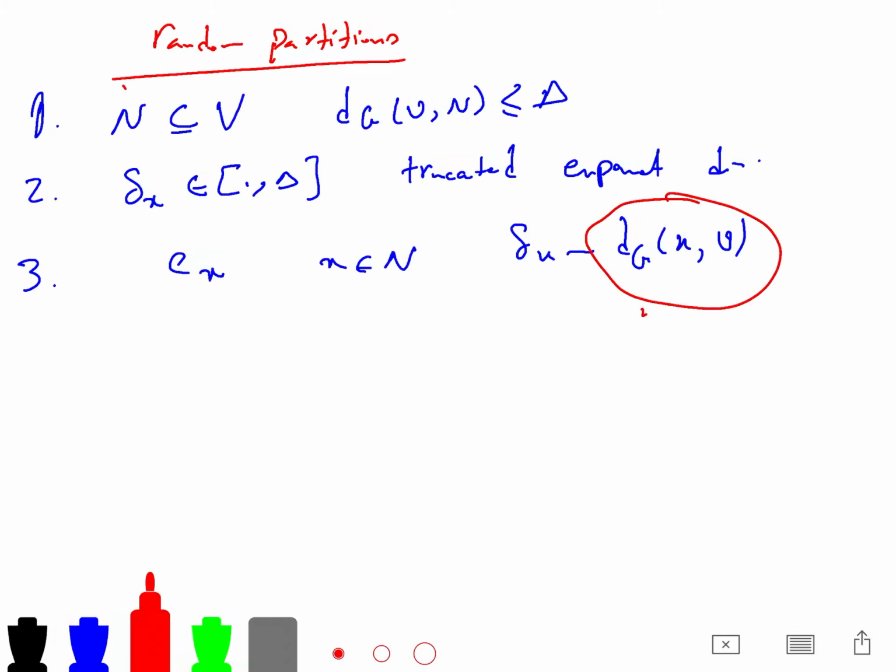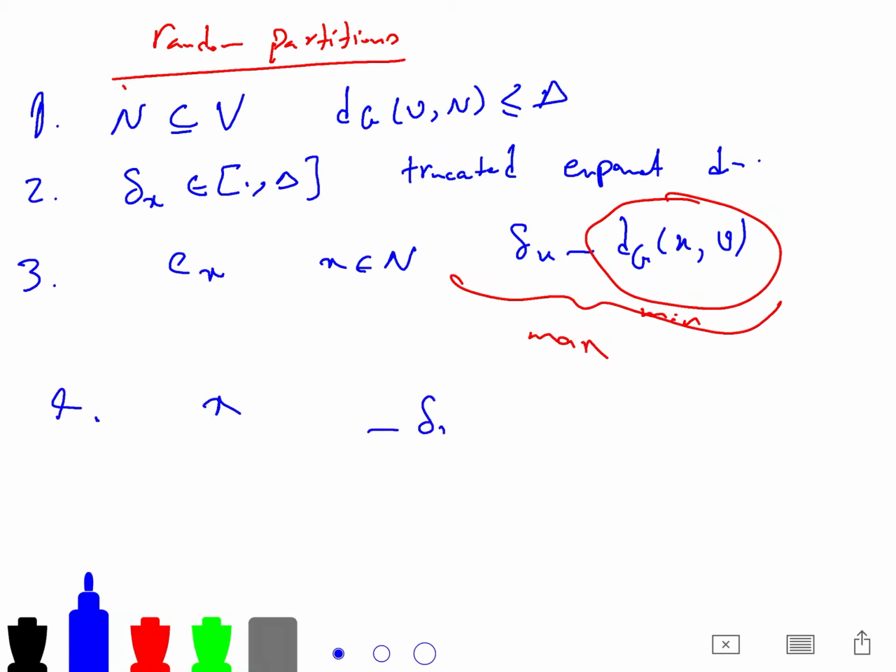In other words, you are minimizing the distance and maximizing this, so maximizing this is equivalent to that. Each center x wakes up at time minus delta_x and begins to spread in a continuous manner.